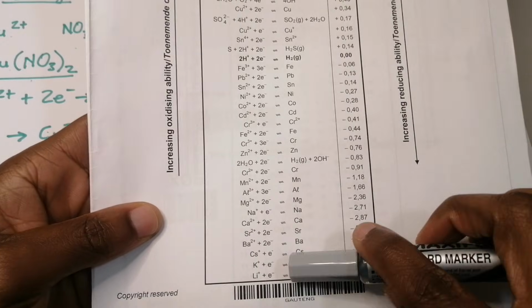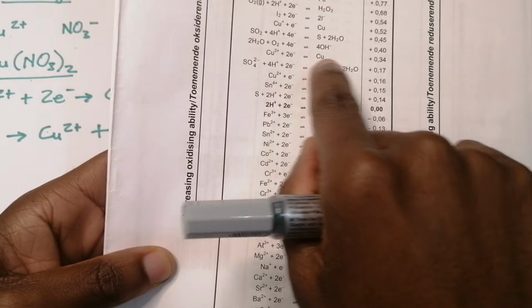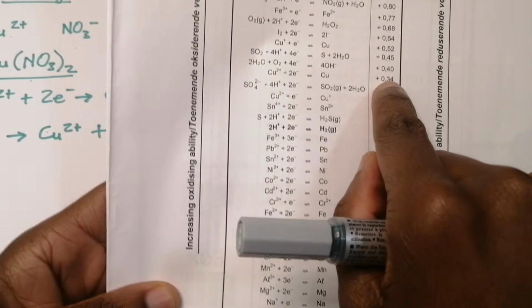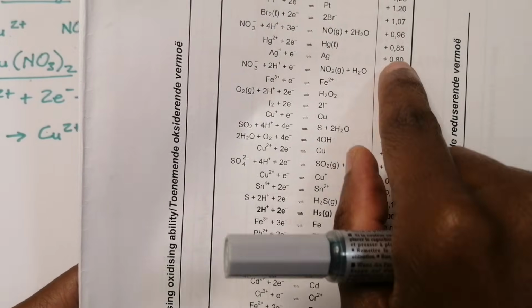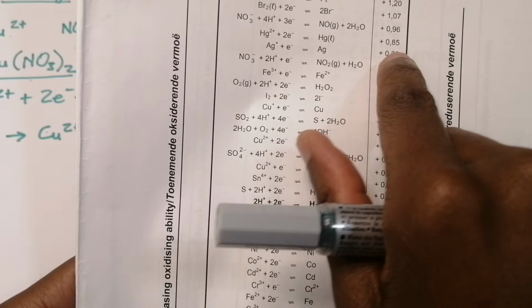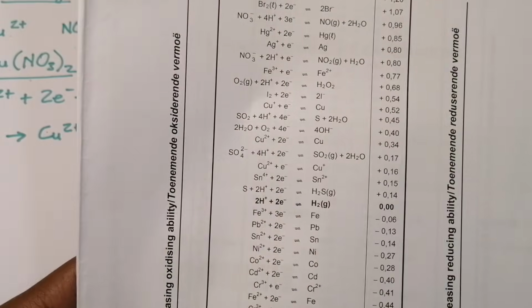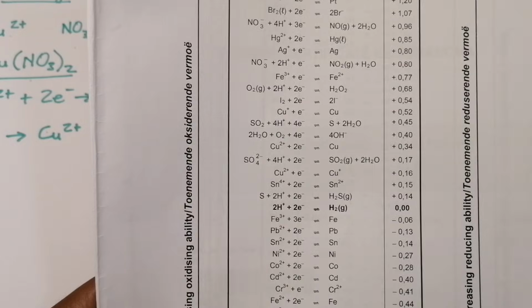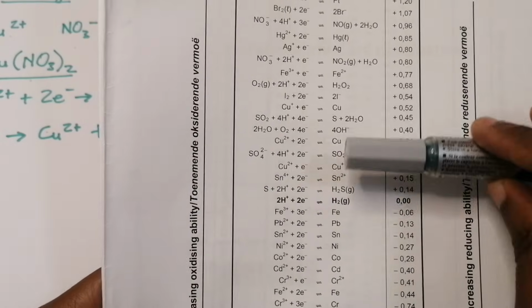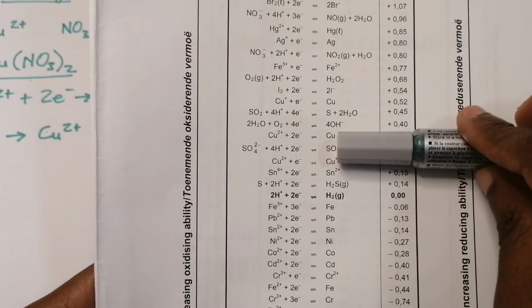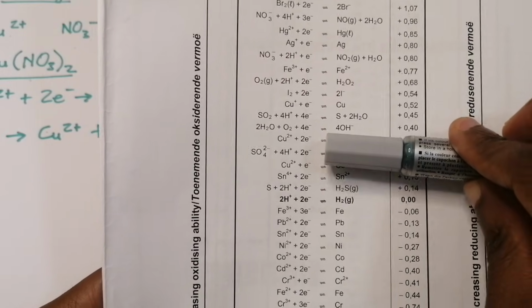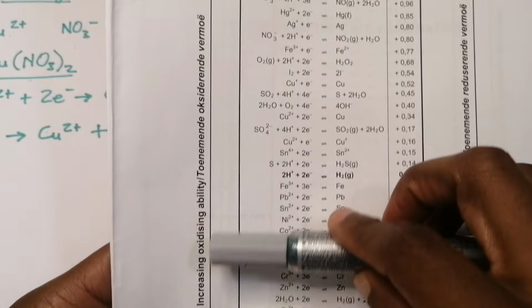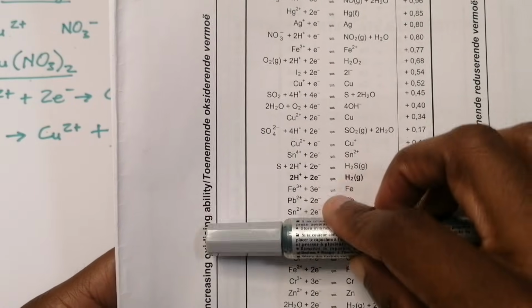Now what I'm simply going to do is search there. That's copper 2+, that's 0.34. Can you see it there? And then I also have silver, which has 0.80. So what does that say to me? Not copper, rather, silver has got a higher oxidizing ability.